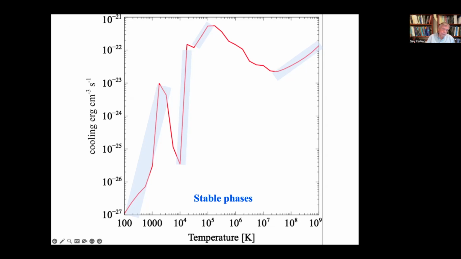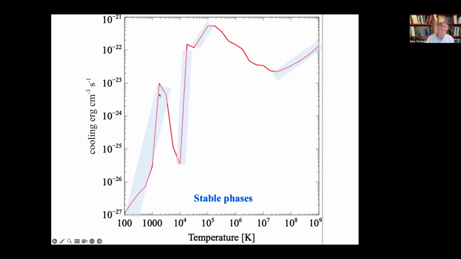So there's four phases, three commonly observed. There's this phase, which is for human beings. If you walk out in your backyard and look at the Orion Nebula, you're looking at gas in this phase at about 10,000 degrees.